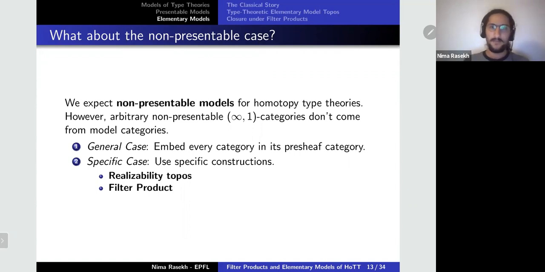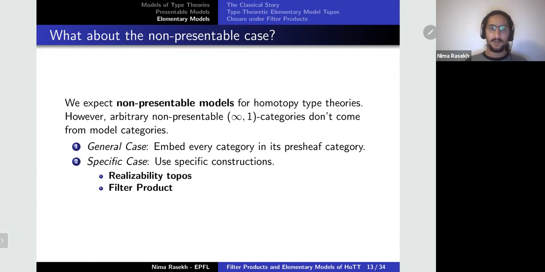That presheaf category is presentable in some larger universe. And then maybe if I give the category I start with enough axioms and properties, the presheaf category will have some nice stratification of the representable objects. I have no opinion on how to make this actually work, but it might be possible.